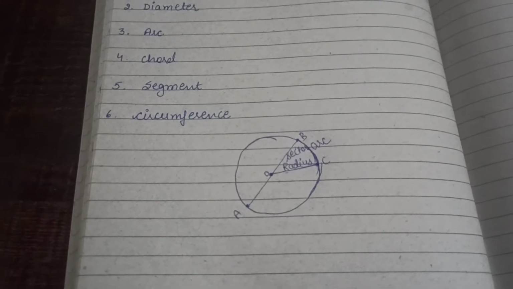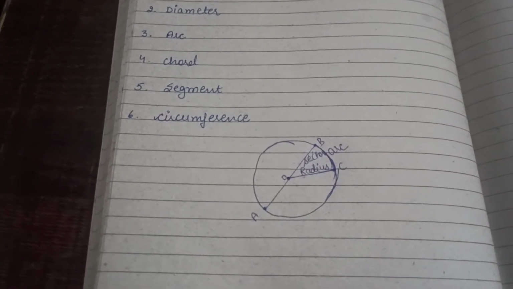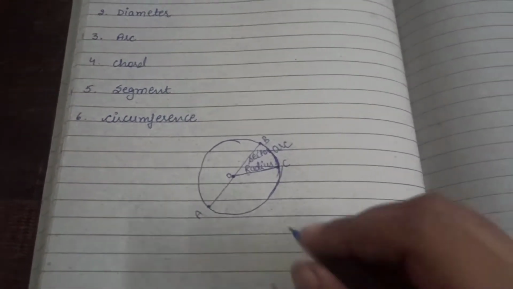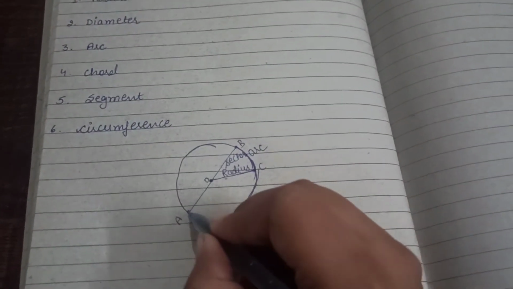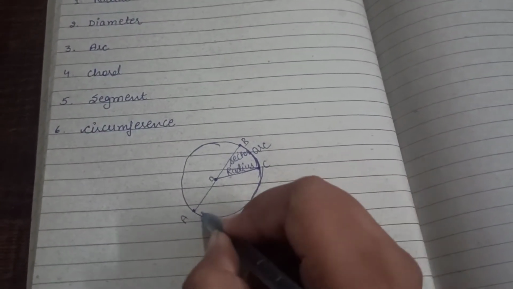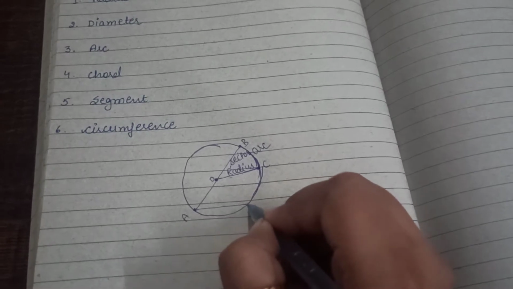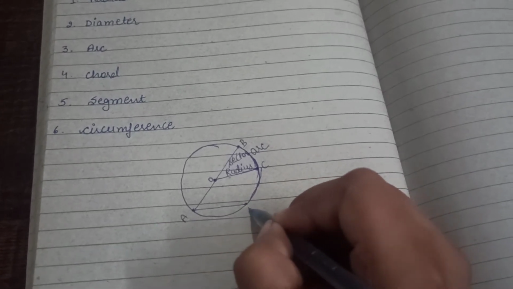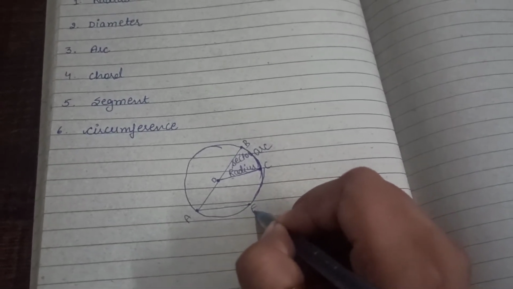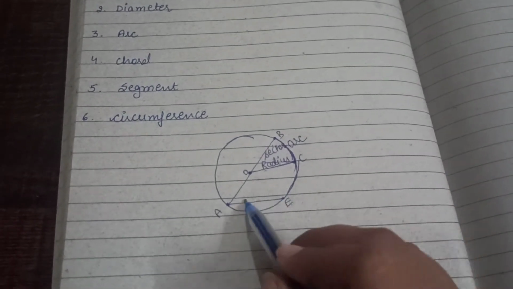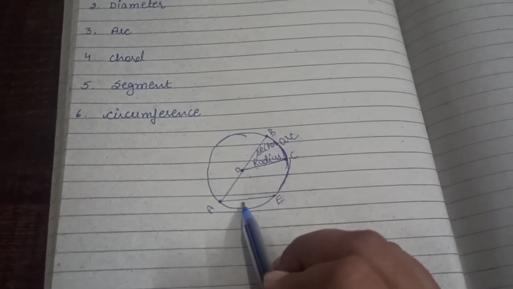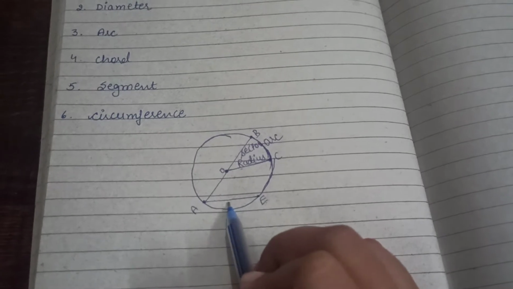Next topic is chord. So a chord is when we join two points on the circle, but the center will not come in between.